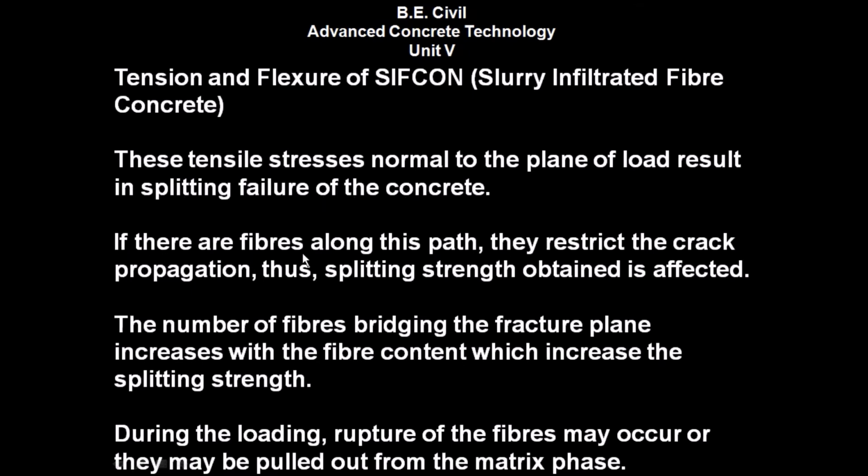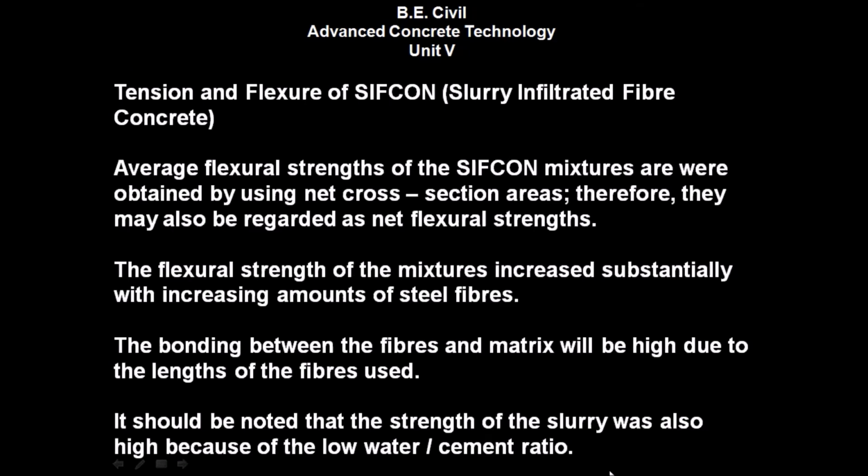If there are fibers along this path, they restrict the crack propagation, thus the splitting strength obtained is affected. The number of fibers bridging the fracture plane increases with the fiber content, which increases the splitting strength. During the loading, rupture of the fibers may occur or they may be pulled out from the matrix phase.